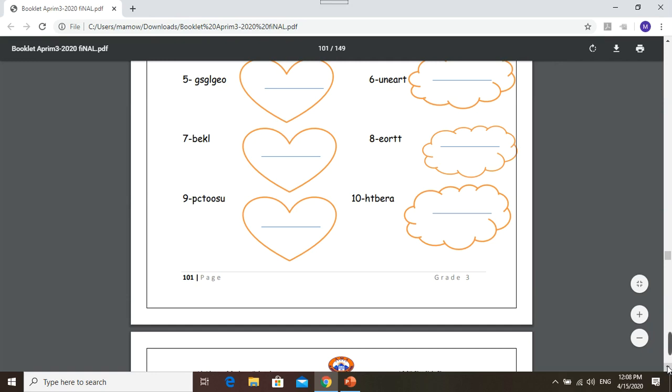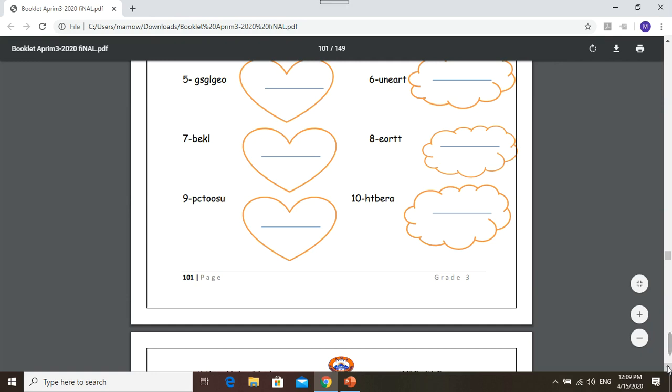Number 7, kelp. Excellent. 8, otter. 9, octopus. Bravo. Number 10, breath. Yes, breath.